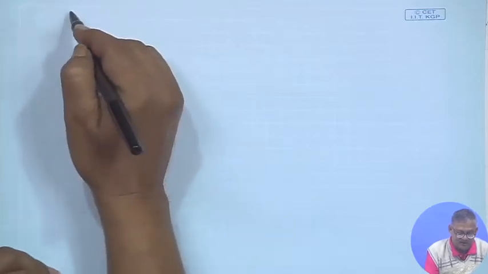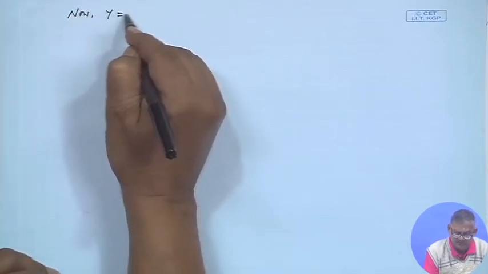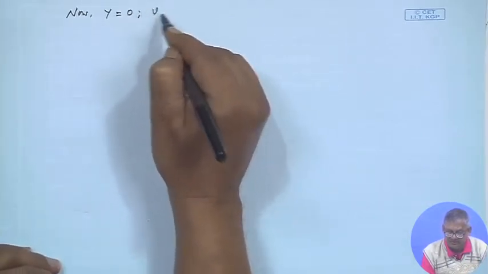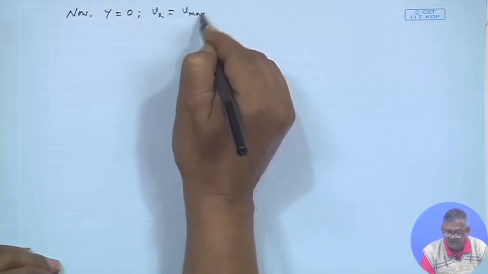Now, to understand the next one, at y is equal to 0, what is the value of V x? V x should become V max.